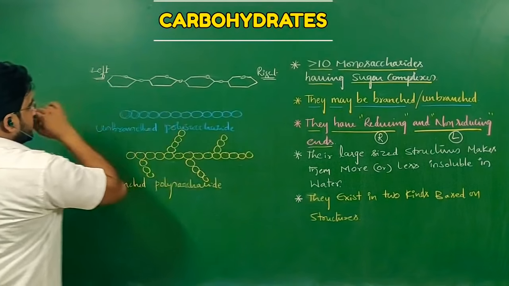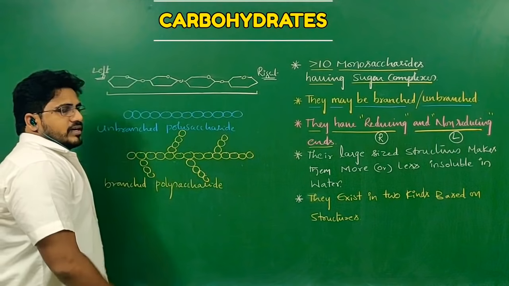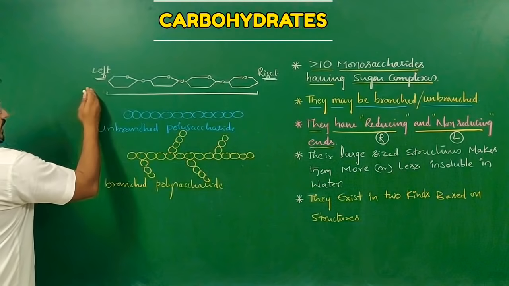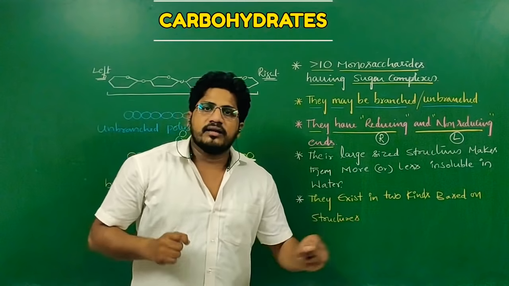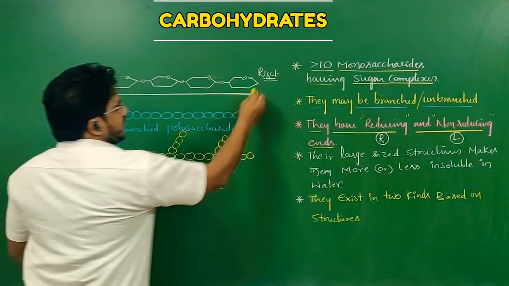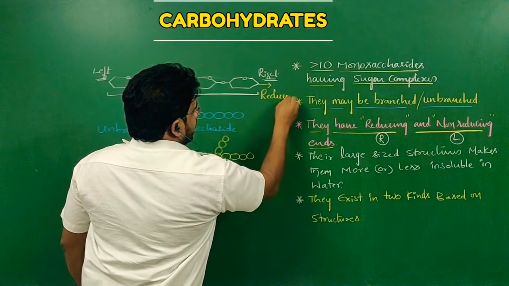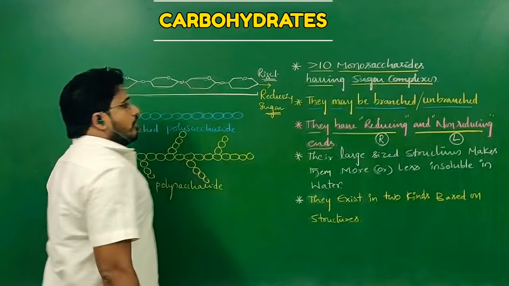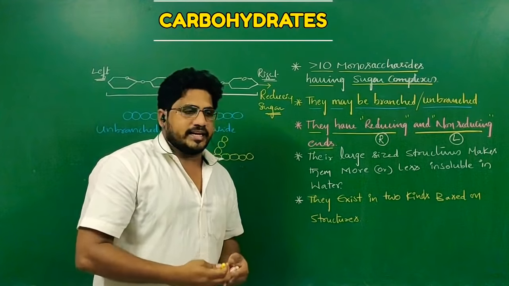Example, if this is a complete polysaccharide, minimally it has 10 monosaccharides and maximally it may have 2 lakhs. But their ends are 2. I repeat, no matter the length of the polysaccharide, they have one right hand and one left hand. On the right hand side, they have a reducing sugar. Reducing sugar means free ketone or aldehyde groups are available, so they can reduce in reactions.